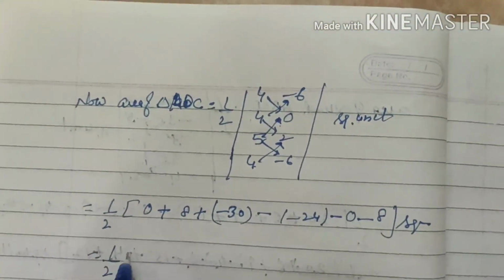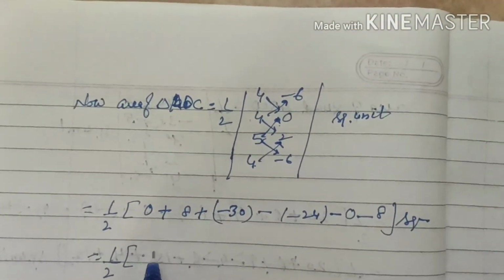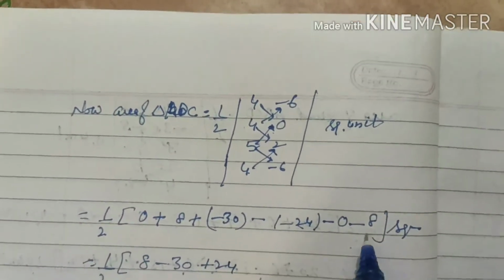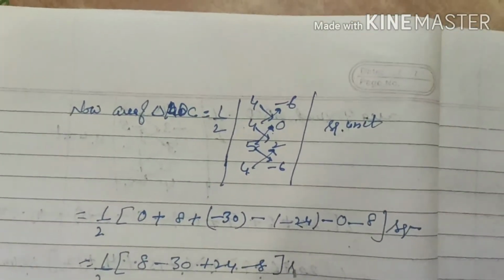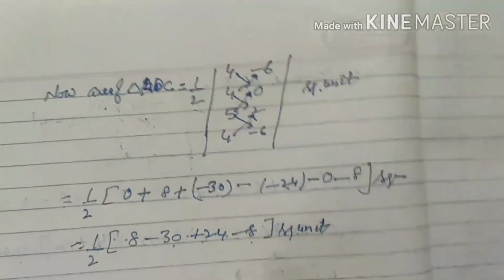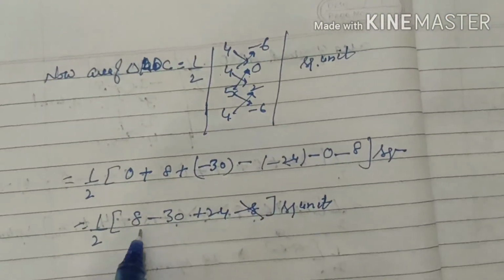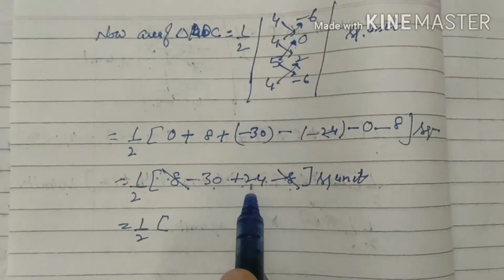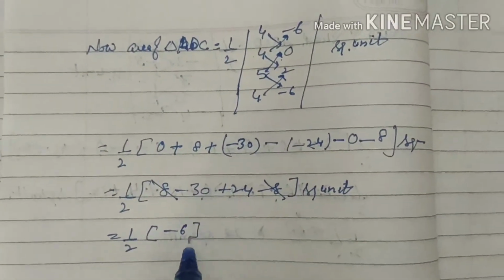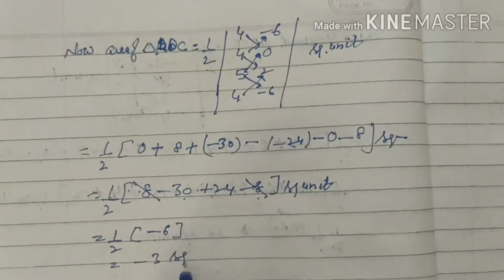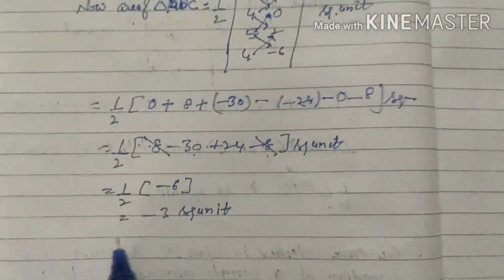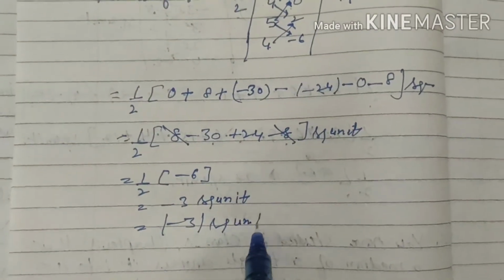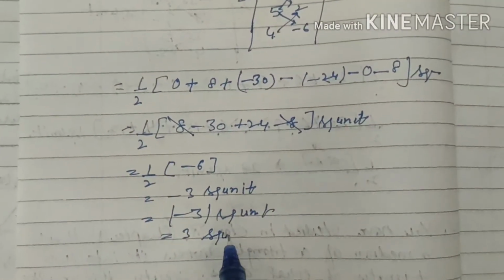So this will be 0 plus 8 becomes 8, minus 30, then plus 24, and this minus 8 square unit. So now minus 8 plus 8 will be cancelled. We have -30 plus 24 becomes -6. This will again be -3 square unit. But you all know area can't be negative, so take the absolute value, that is the positive value. So this will be plus 3 square unit.